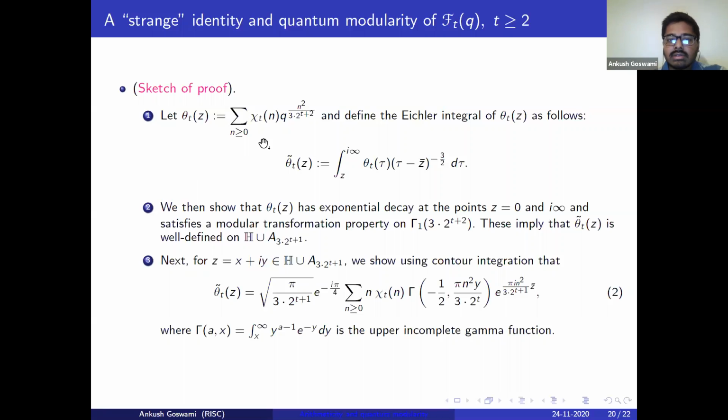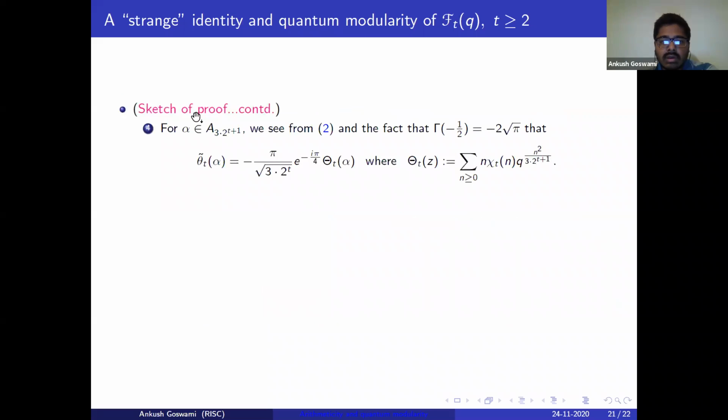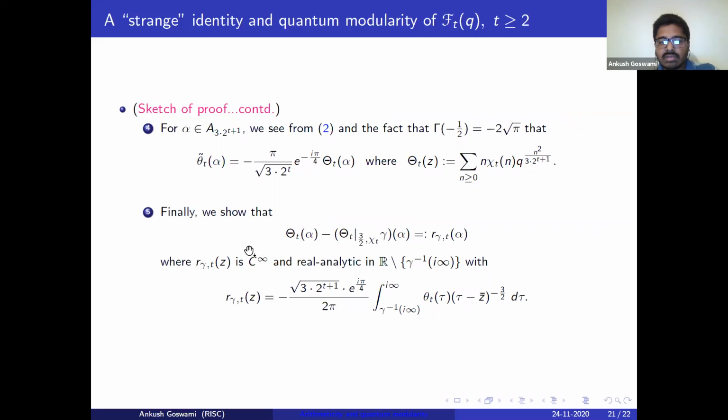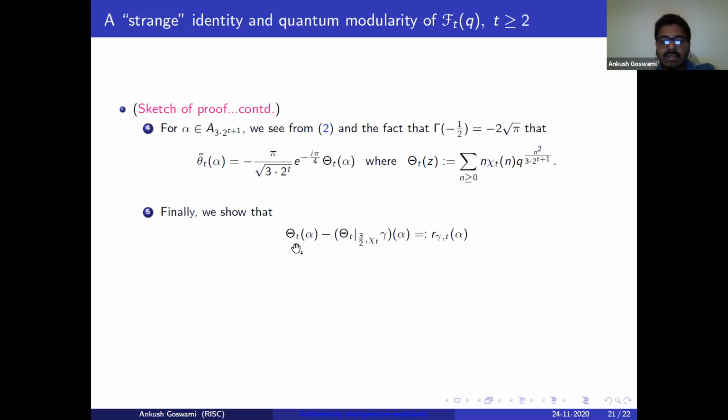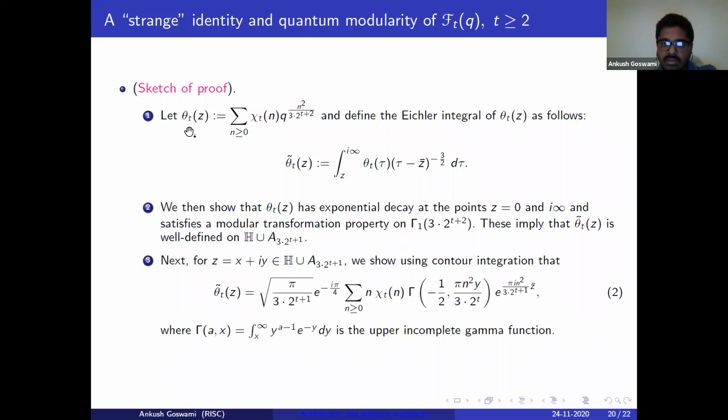So I'm assuming that is where the nice error to modularity, the R, comes from. Yes, it is actually the transformation property of θ_t(z) that gives you this relation, that this difference is this. So this relation in point 5 comes via the transformation property of this theta function, θ_t(z).